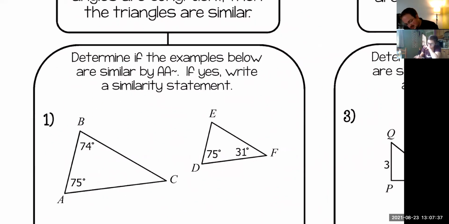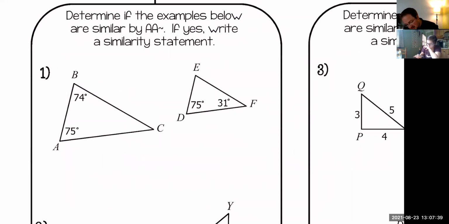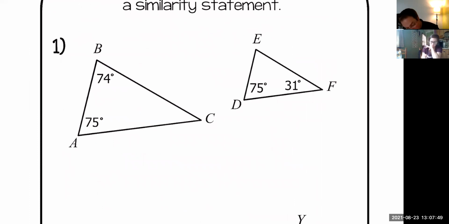So taking a look at the examples here, it's saying determine if the examples below are similar by angle-angle similarity. If yes, we're going to write a similarity statement. So right off the bat here, this one's a bit sly. I see that there's a 75-degree angle.